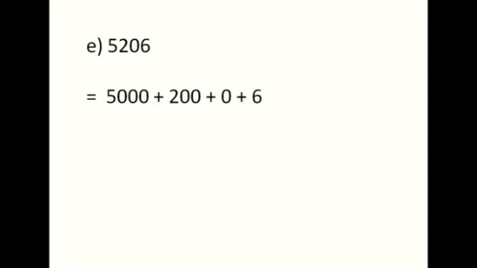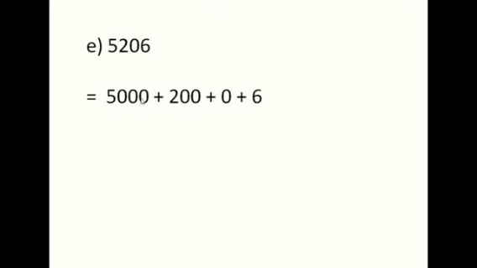So 5000 plus 200 plus 0 plus 6. Now the next step, what do we have to do? To express 5000 in Roman numerals. So can you remember how we have done it for 4000 or above 4000?